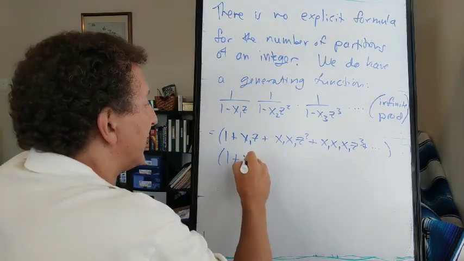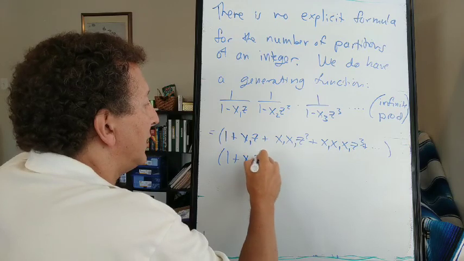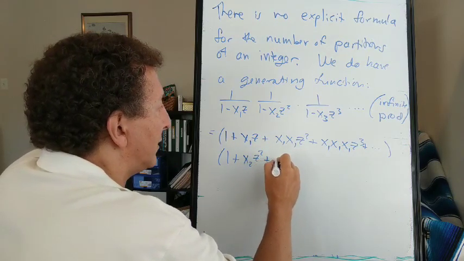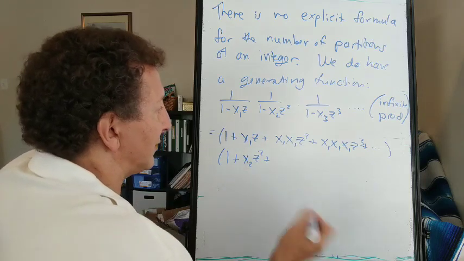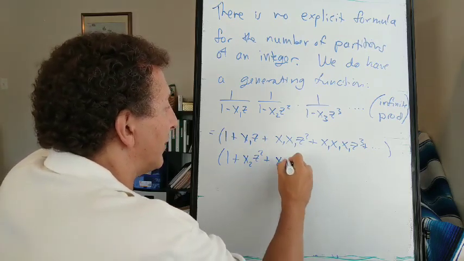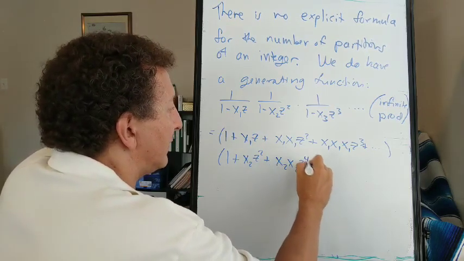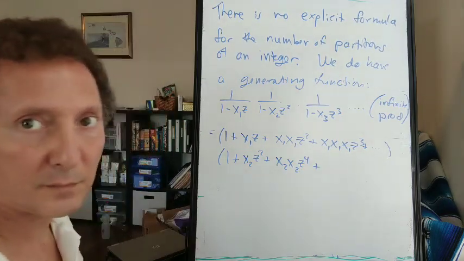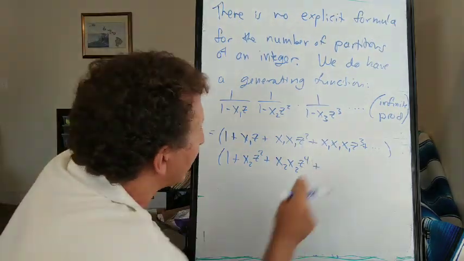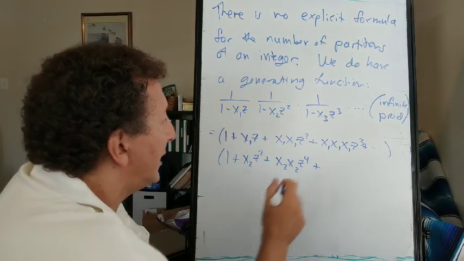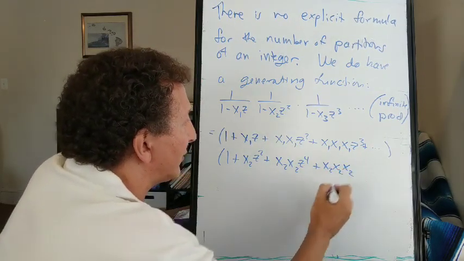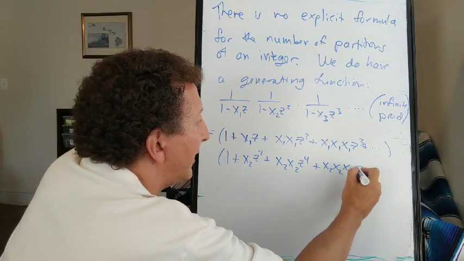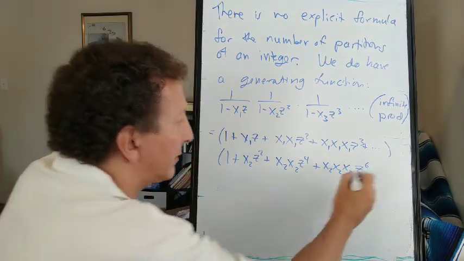Times 1 plus x2 z squared plus x2 squared z to the fourth. For convenience, I'm going to write x2 z to the fourth. And next term, x2 cubed z to the sixth.